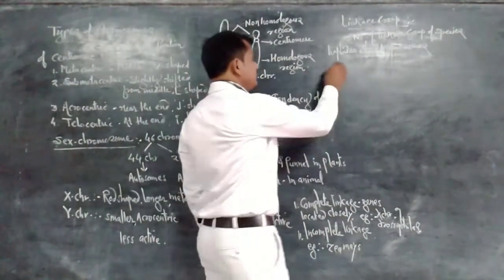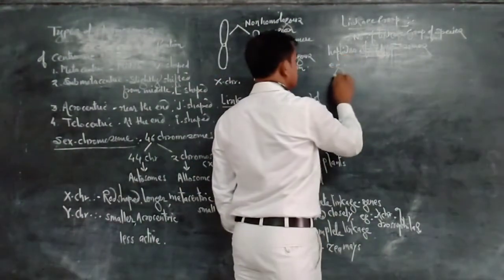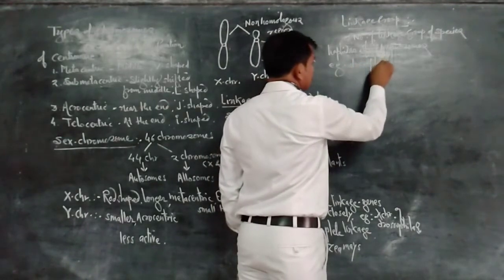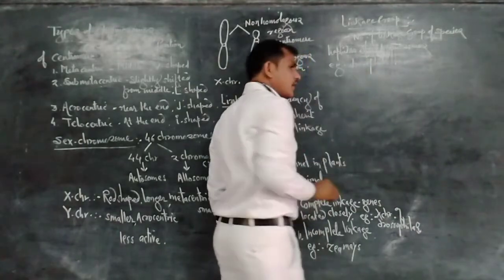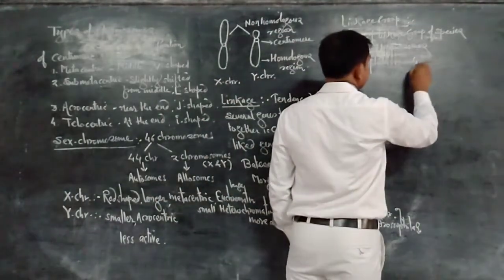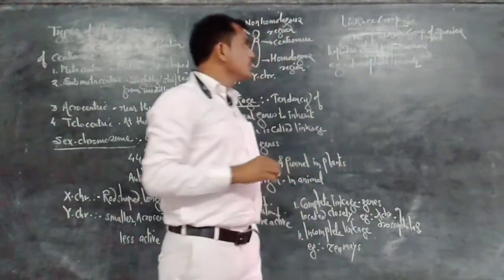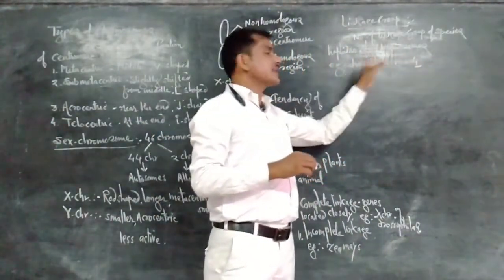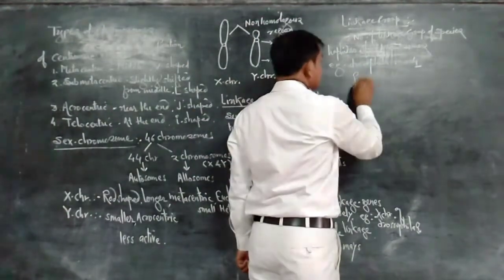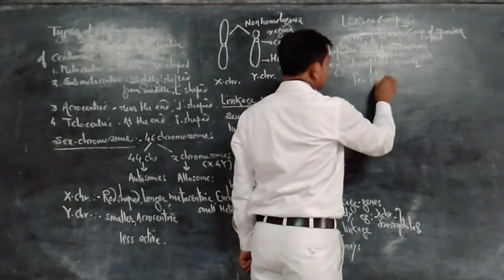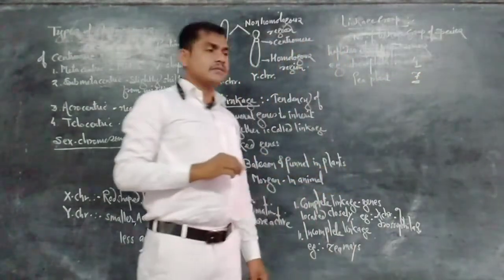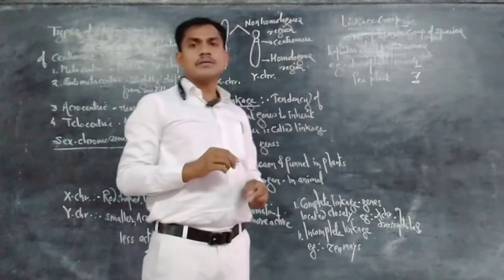In Drosophila melanogaster, there are 4 linkage groups because 4 pairs of chromosomes are present. In the pea plant, 7 linkage groups are formed due to 7 pairs of chromosomes.